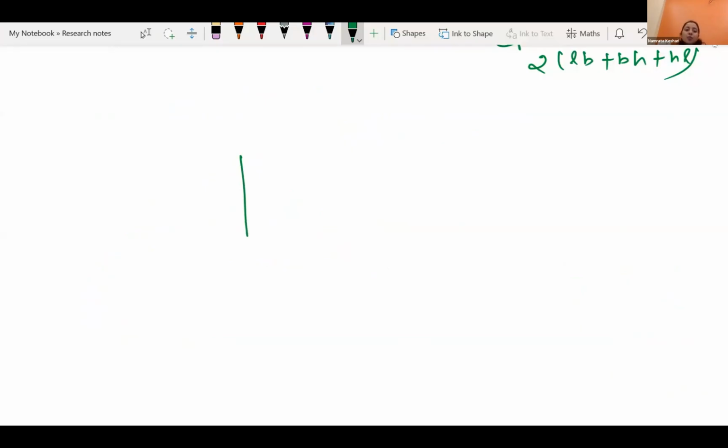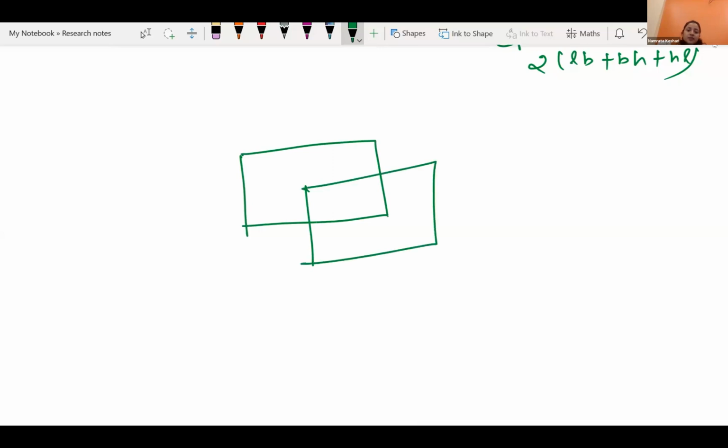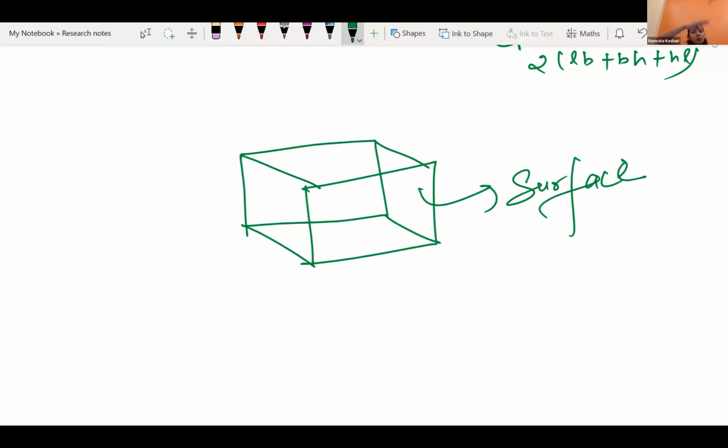Suppose I give you a box. This time I am telling you this is a sweet box where the upward lid is not there. Find the surface area. You have such a box in which the upward cover is missing. I'm just showing you an open box.